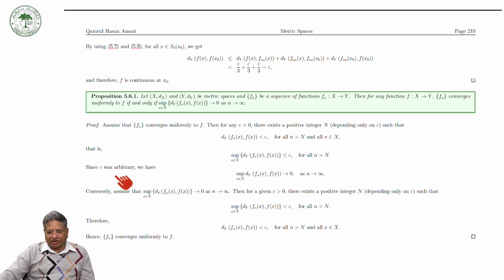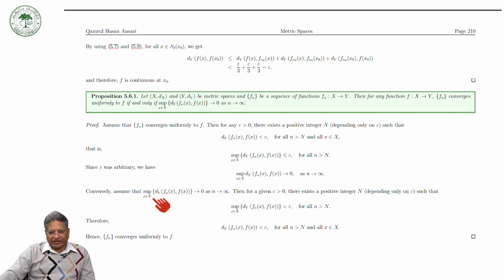Since epsilon was arbitrary, this term converges to 0 as n tends to infinity. For the converse, assume that this converges to 0 as n tends to infinity.